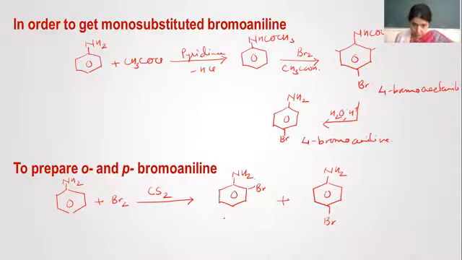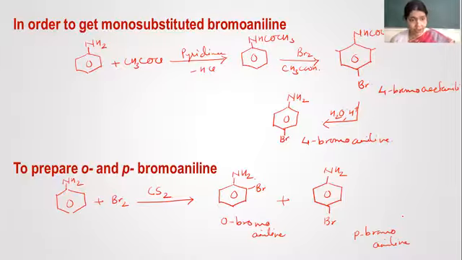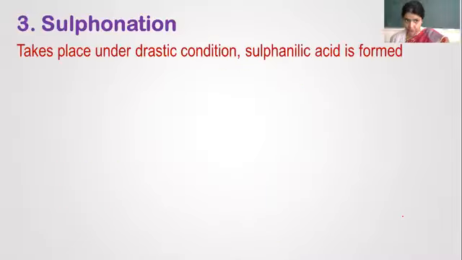This is ortho-bromoaniline and this is para-bromoaniline. So two different isomers we can obtain by reacting aniline with bromine in carbon disulfide solution.